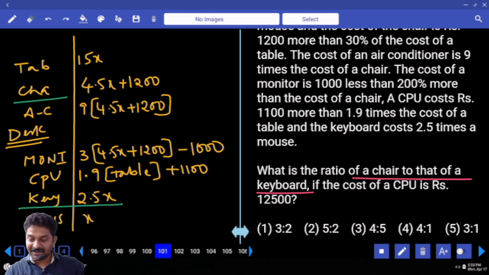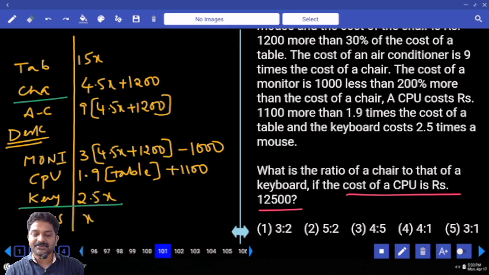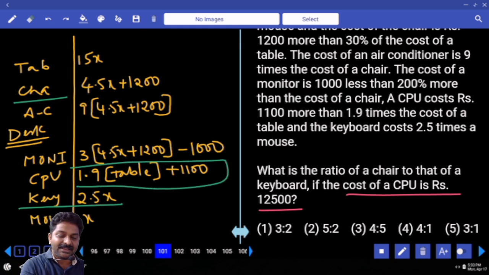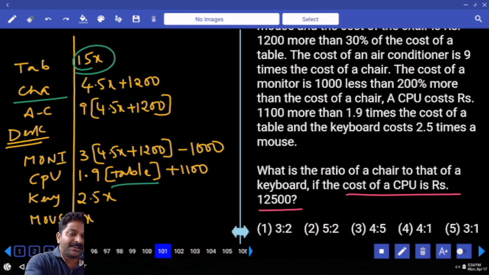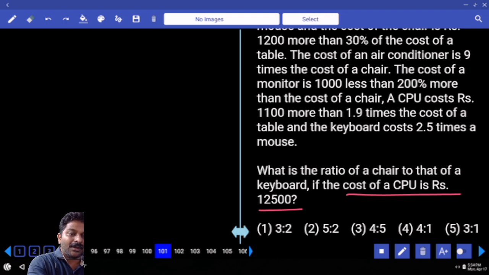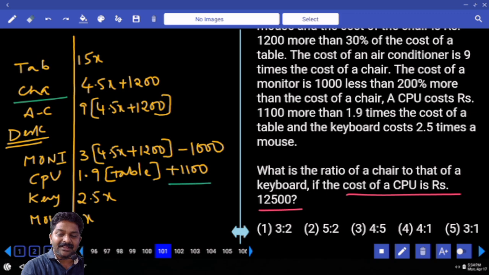For that, what is the data given? The cost of the CPU is 12,500. That means the CPU cost is equal to 12,500. Table cost is 15X. They mentioned the CPU cost is 1.9 times the table, so 1.9 times 15X plus 1100 is equal to 12,500.